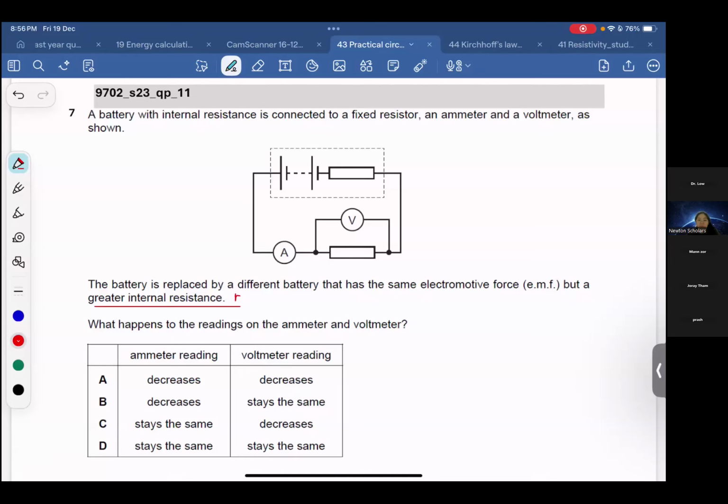Wesley, no. Wesley, no. Washini, yes. Greater internal resistance, r increases. What happened to your total resistance?